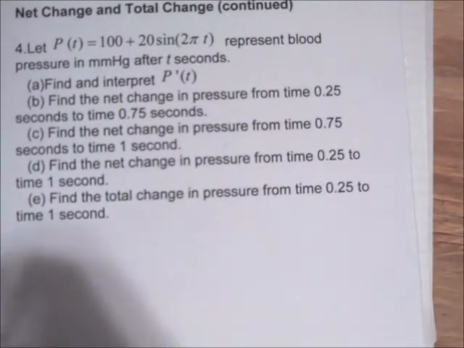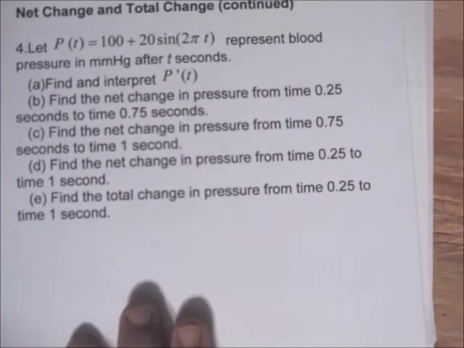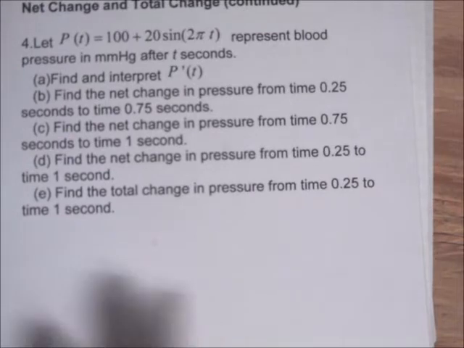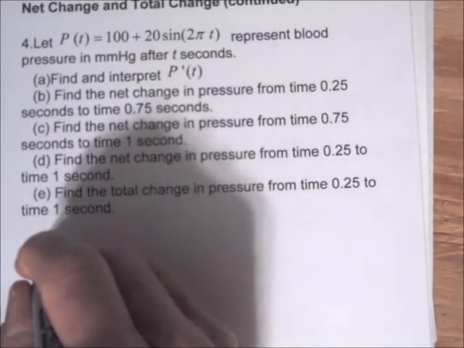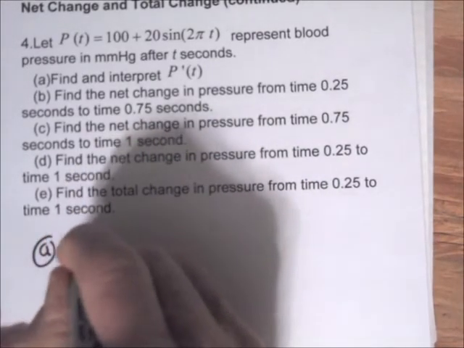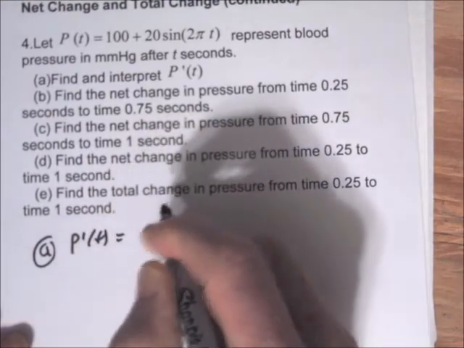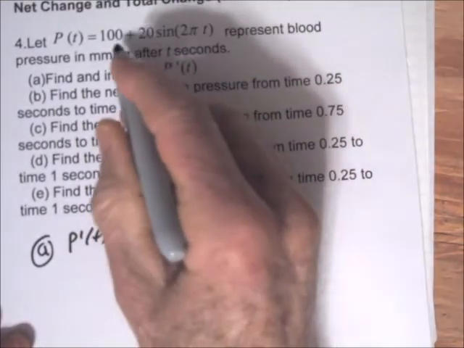Okay, number 4. P of t is 100 plus 20 times sine of 2 pi t, which represents the blood pressure in millimeters of mercury after t seconds. The derivative P prime of t: well, the derivative of a constant is 0.